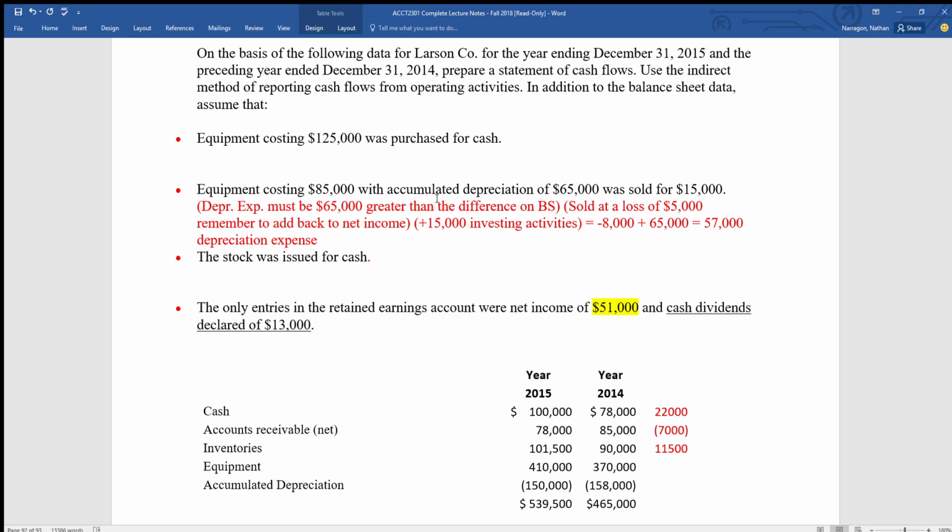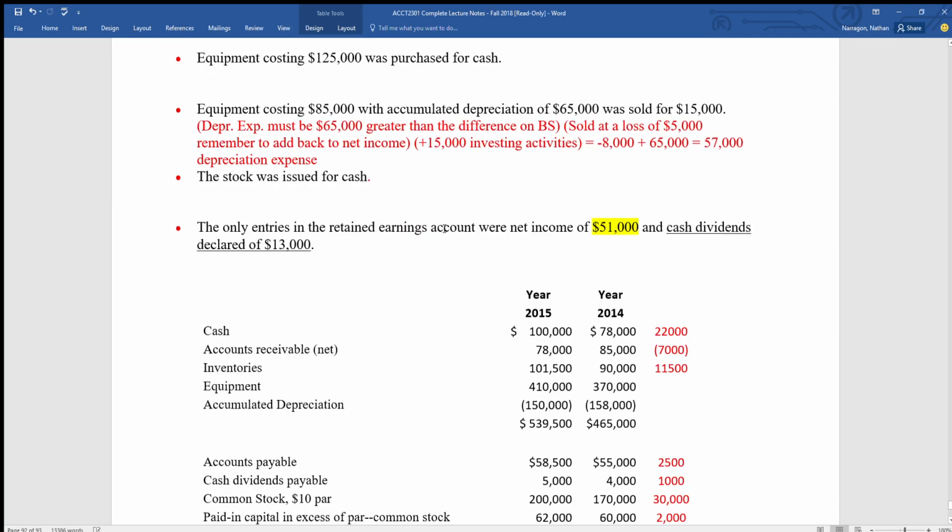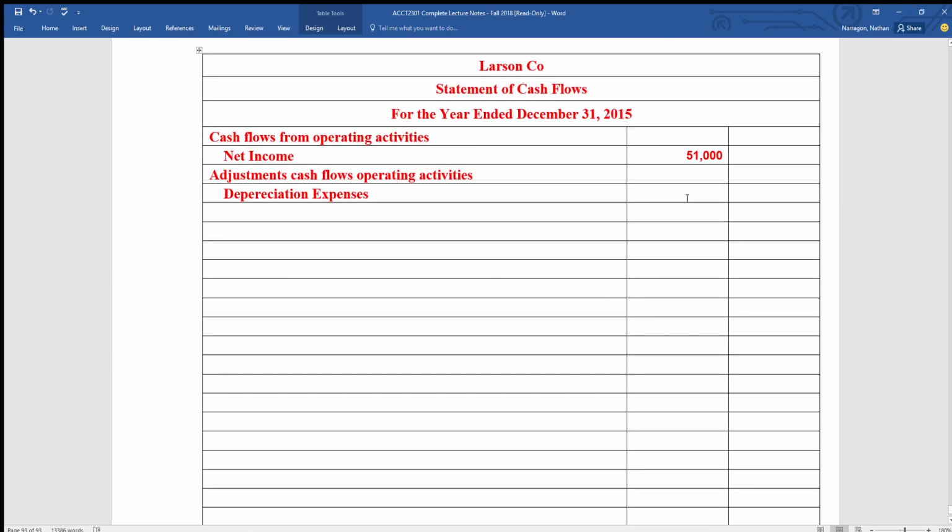That makes it a little bit tough right there. So we're going to just say that 57,000 was depreciation expense. That's what we're doing right here. Basically the difference right here, getting rid of the accumulated depreciation. We're just going to go with that. It helps out in the long run.